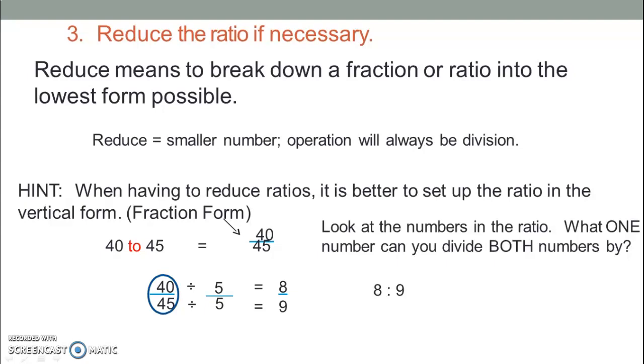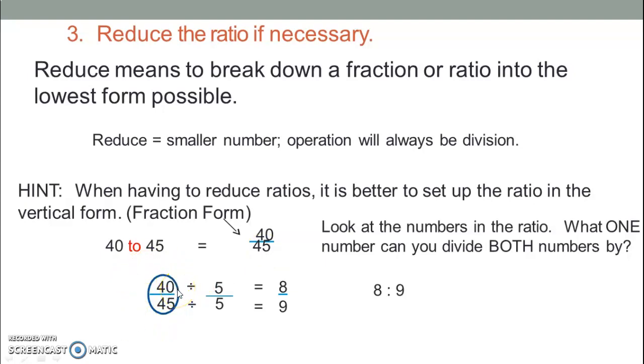Then reduce the ratio if necessary. Reduce means to break down the fraction or ratio into lowest form. When you have to reduce a ratio, it is better to set up the ratio in vertical form, meaning fraction form. So the easiest method is to write the ratio in fraction form.